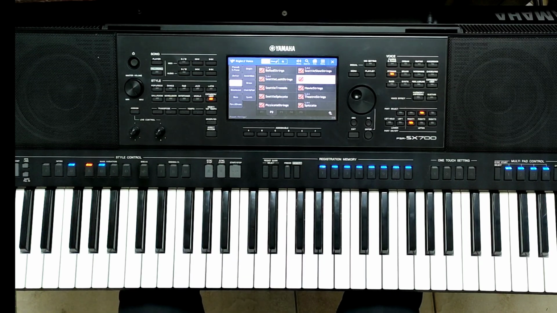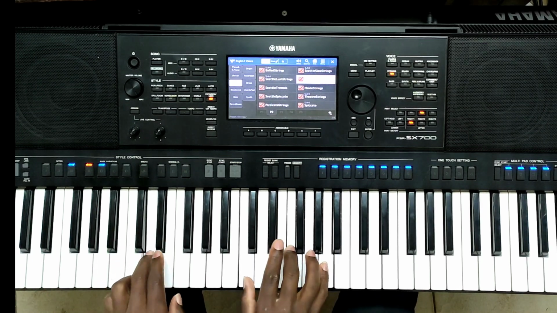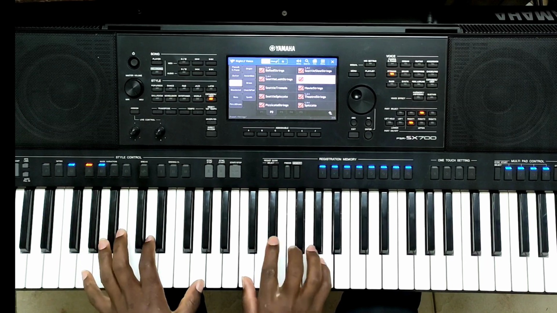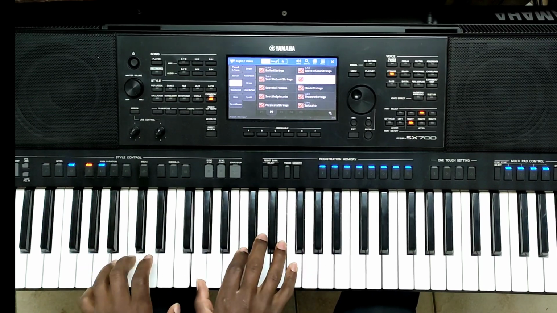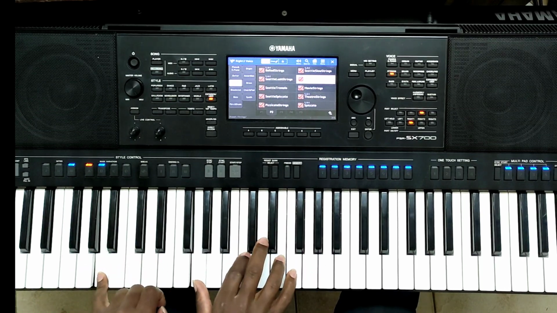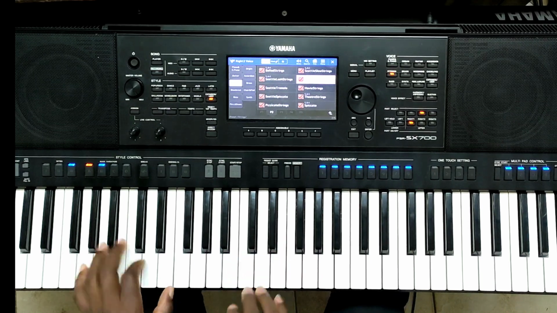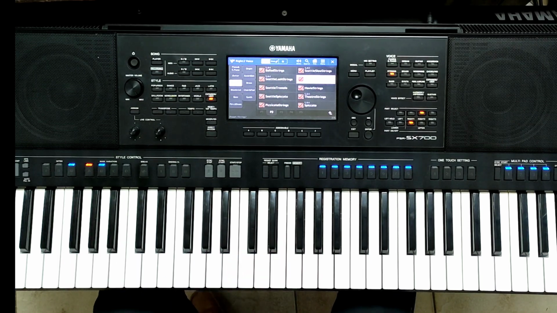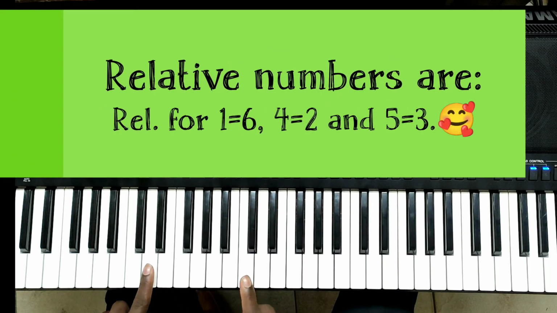Now, I want you to be very careful and keen on how I'm going to do this. I'm going to think in terms of the relative minor, the one I told you, and the major. So there are 2 ways on how to approach it.